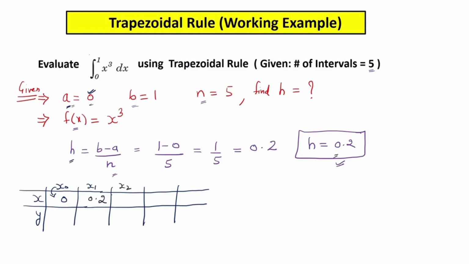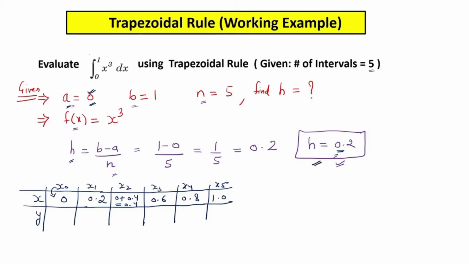Now x2 will be your initial value of a, that is 0, plus 2 into h, that is we add h two times, which means it will be 0.4. And so on. If we find the other values, we can easily find them. These are the other values of x. All these values are in gaps of 0.2, that is the interval size.